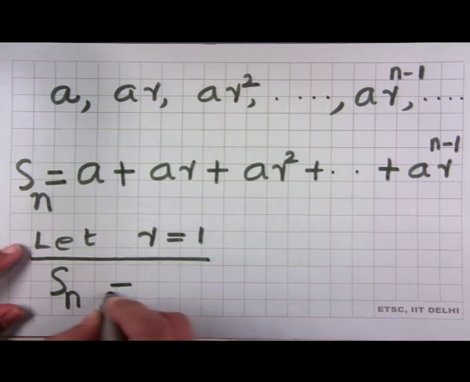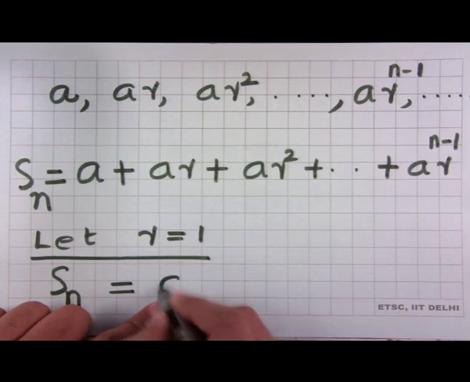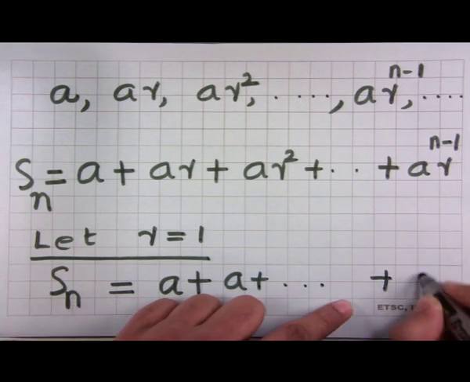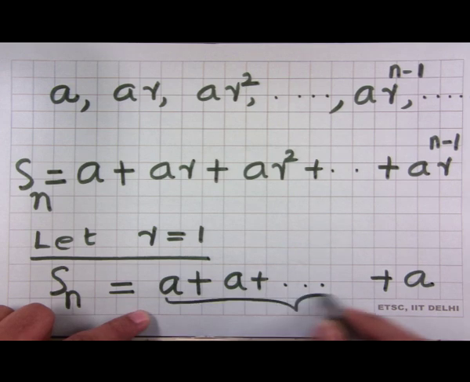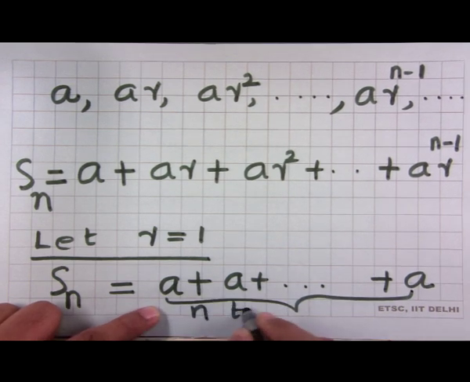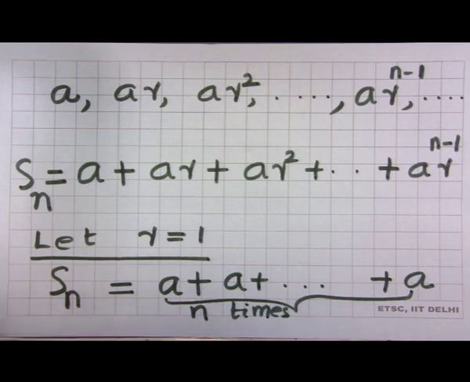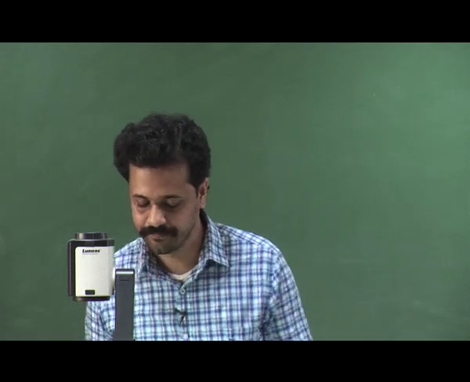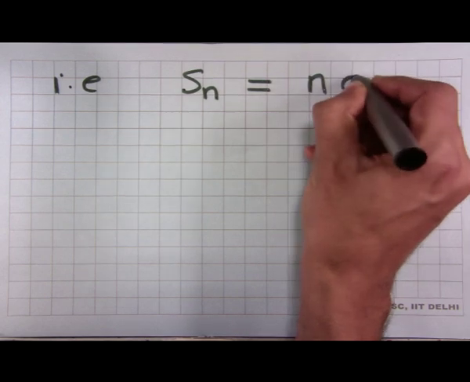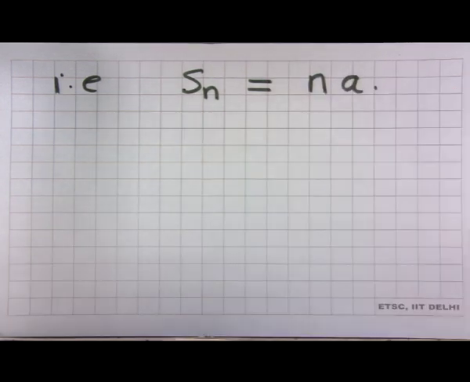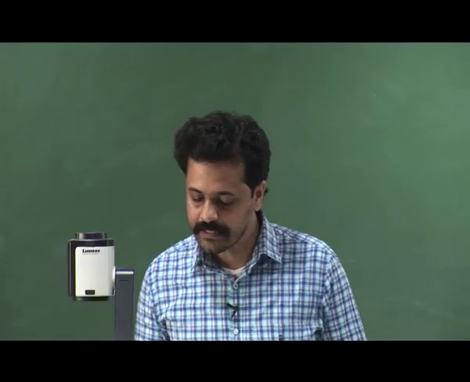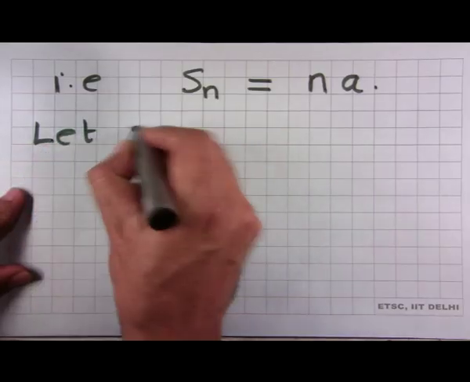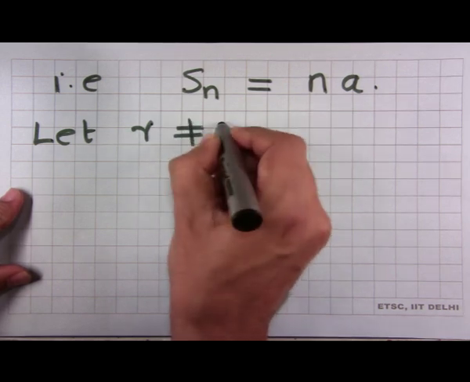Consequently, Sn is a plus so on plus a, n times. That is, Sn is equal to n times a. This settles the trivial case. Now let us consider the remaining case. Let r not equal to 1.